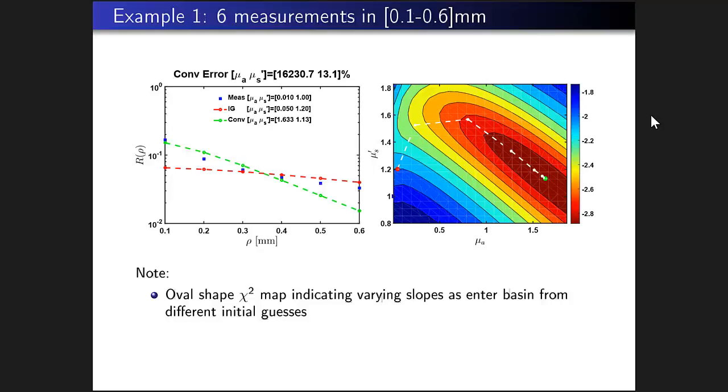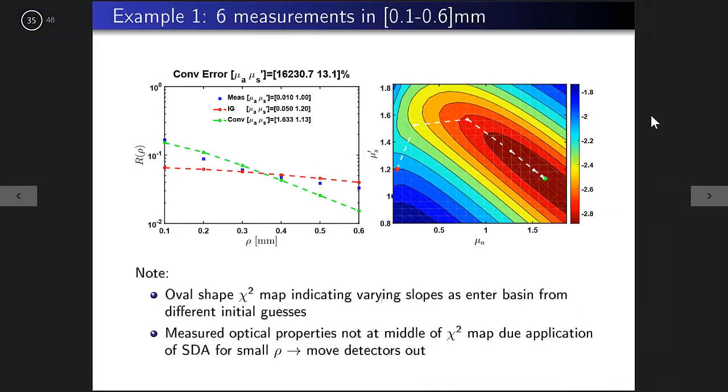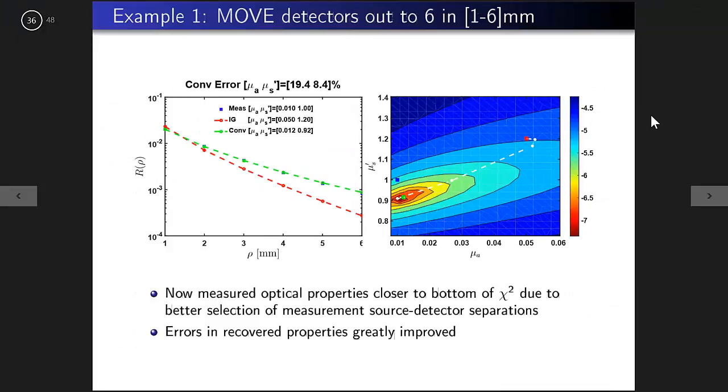So let's move the detectors out, and let's make them be 1 to 6 L star, same number. Now you can see that the recovery is a lot better, definitely for mu a. Here's how I'm entering, same initial guess, but the chi-squared space is a lot different because of the choice of detectors.